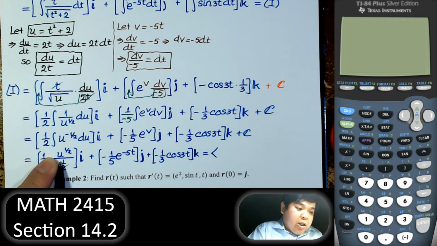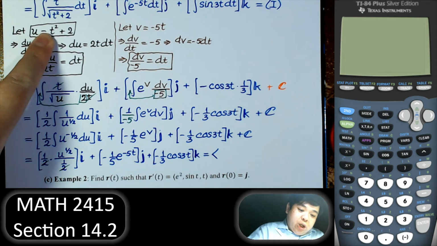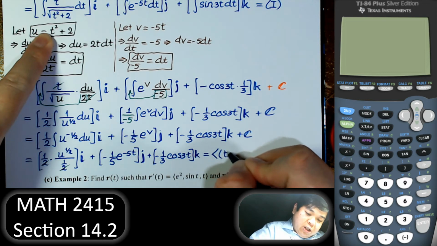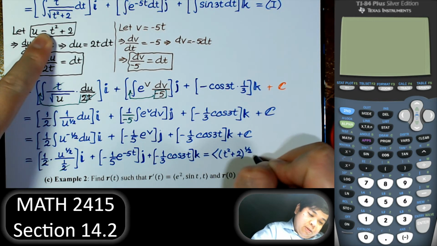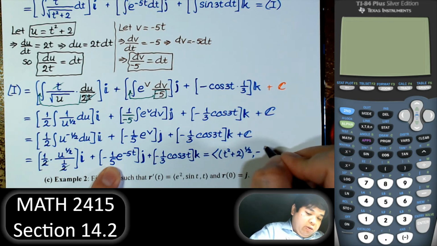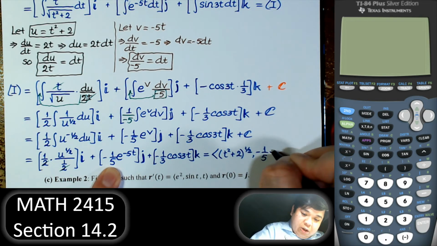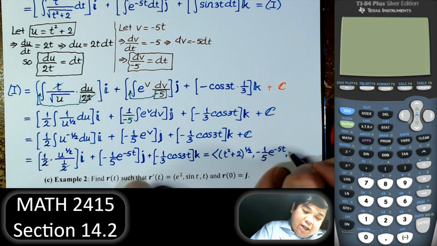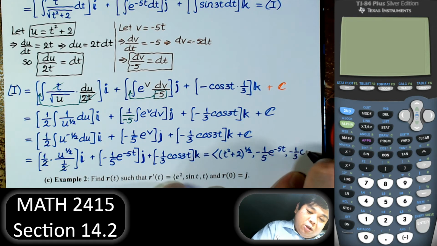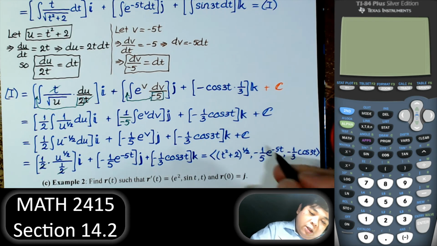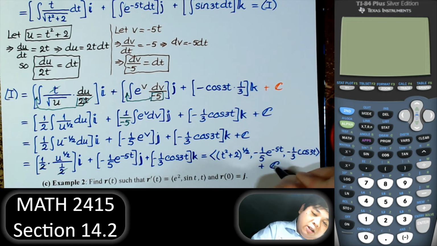U is t squared plus 2, so I'm just going to write t squared plus 2 to the 1/2, negative 1/5 e to negative 5t, and then negative 1/3 cosine 3t, plus the constant vector.